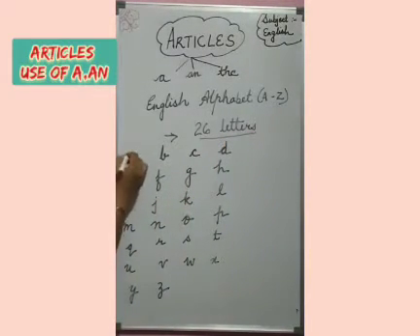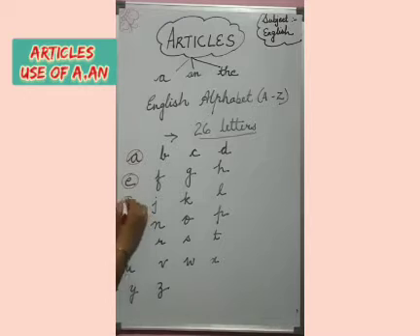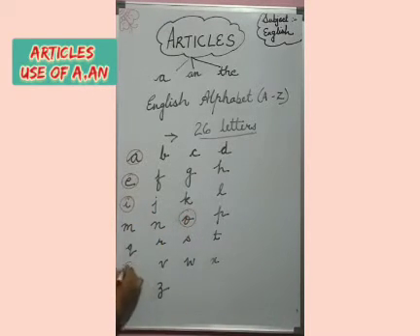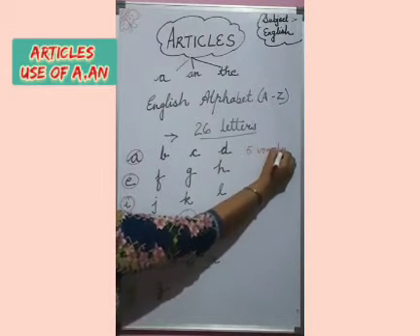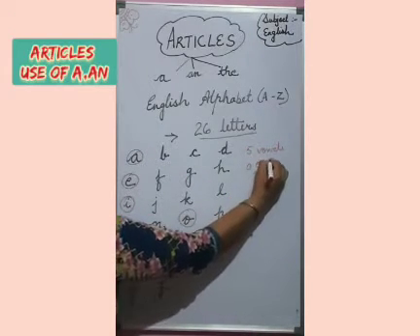Out of them, A, E, I, O, U, these are the 5 vowels. You know that very well.